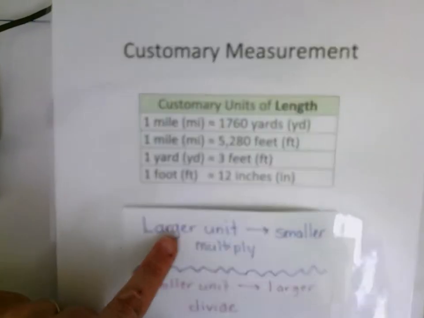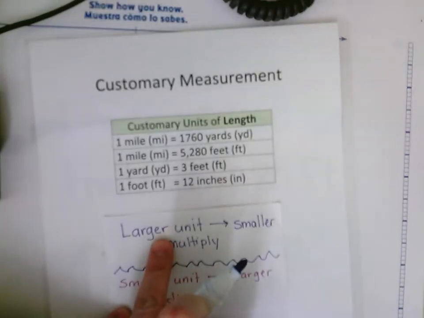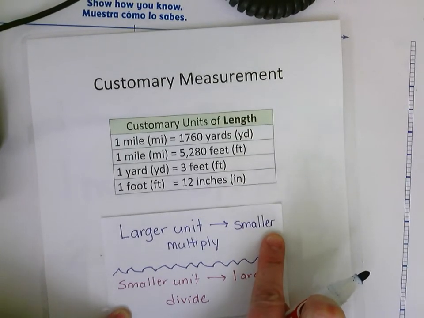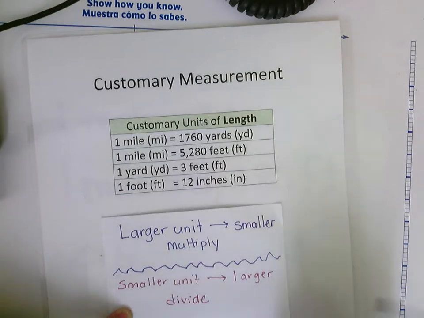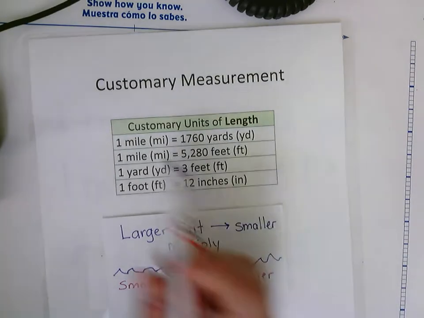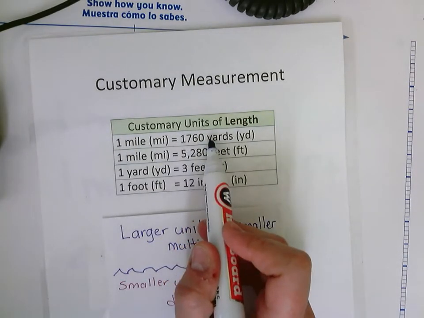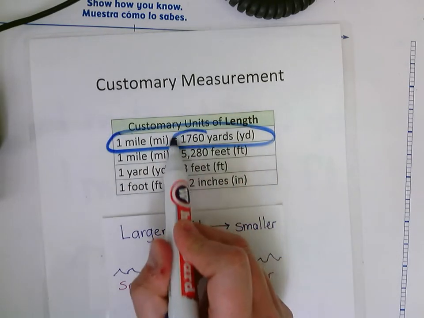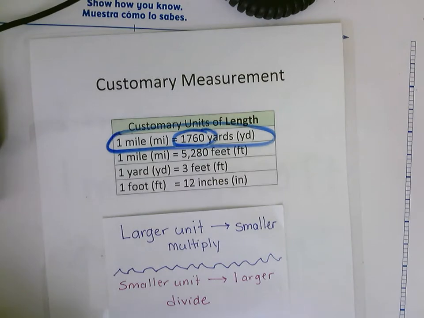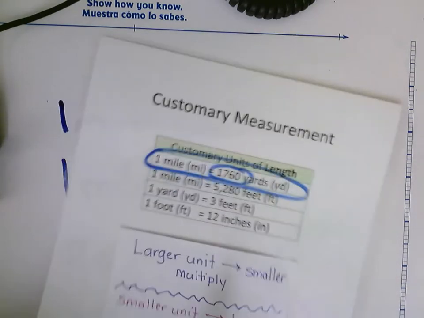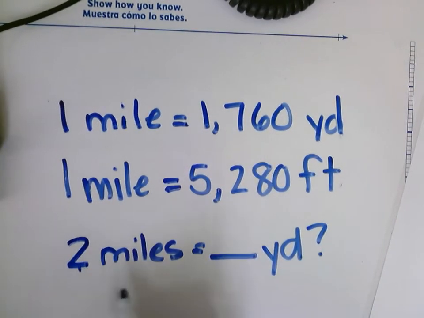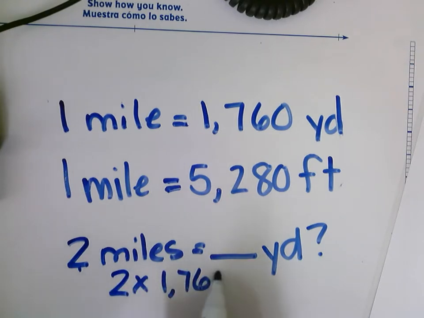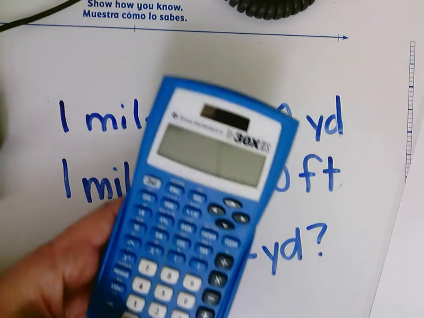So I'm moving from a larger unit to a smaller unit, so I'm going to multiply. What am I going to multiply by? Well, 1 mile is 1,760 yards. So I'm going to be multiplying by 1,760. My problem here would be 2 times 1,760.